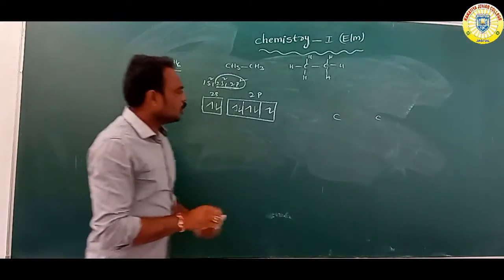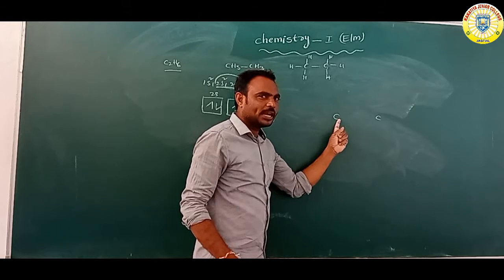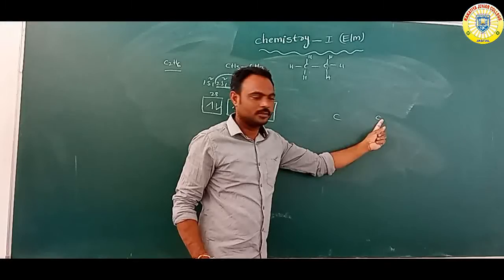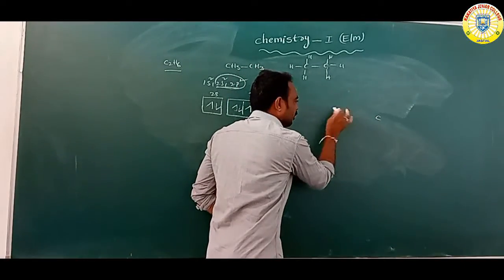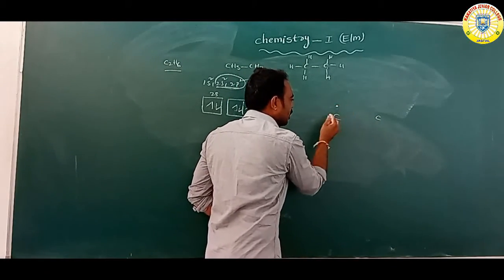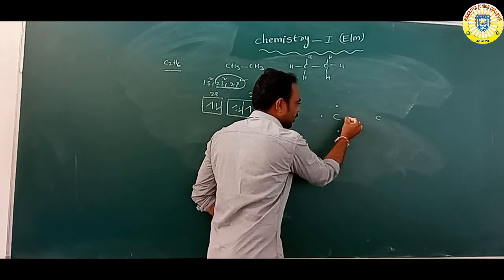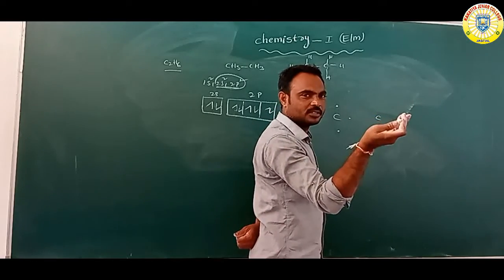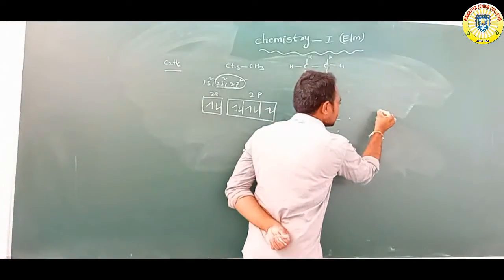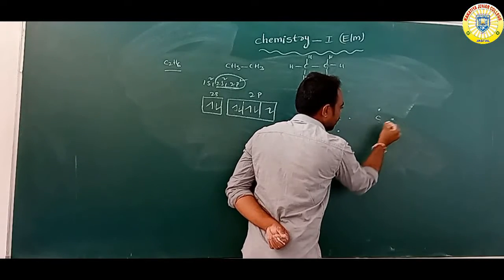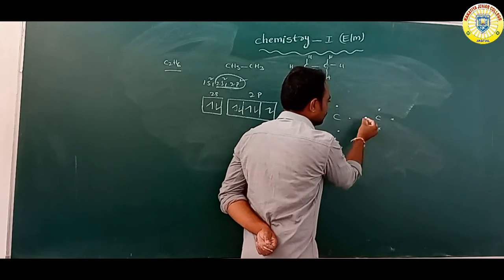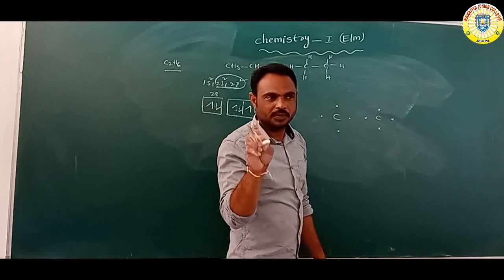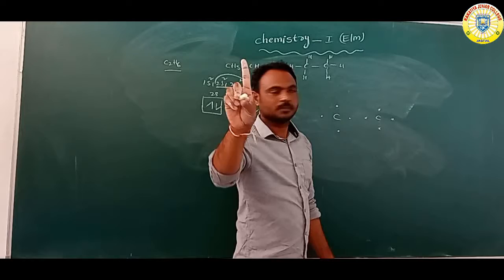So this carbon contains 4 single electrons, indicated with dots: 1 dot, 1 dot, 1 dot, 1 dot. The other carbon also contains 4 single electrons, indicated with stars. Each carbon is attached with 3 hydrogen atoms.